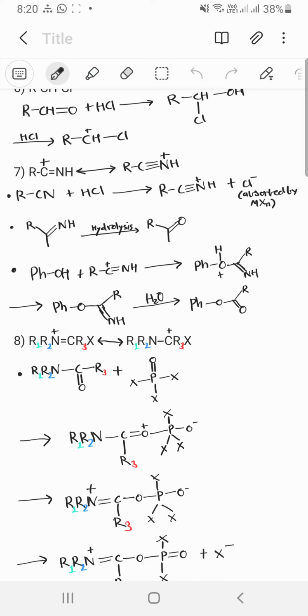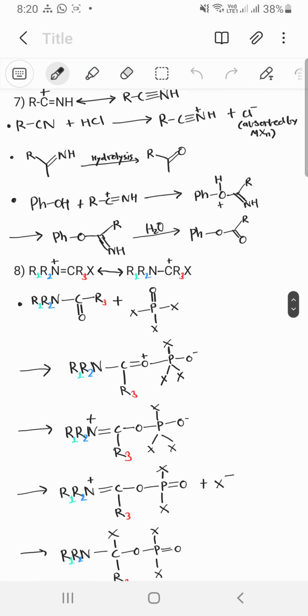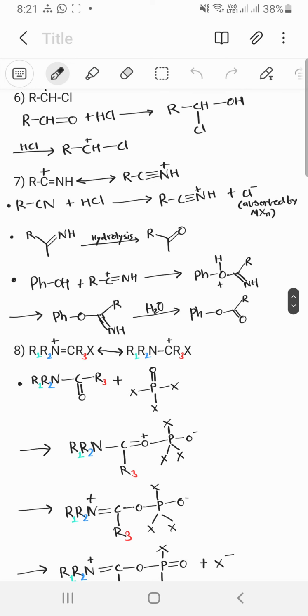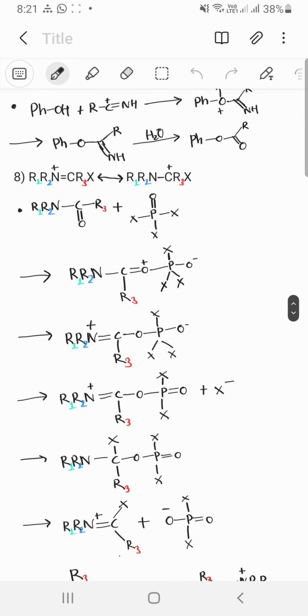So phenol has all of these different reactions, and this is just one of them. Then this guy can do Fries rearrangement, so that will create a different thing. And what is this guy?